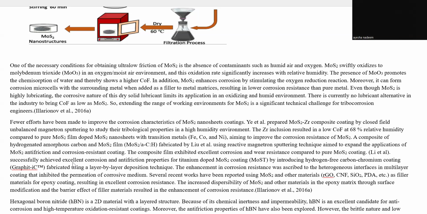Several recent works have been reported using molybdenum disulfide and other materials, RGO, CNF, selenium dioxide, PDA, etc., as filler materials for epoxy coatings, resulting in excellent corrosion resistance. The increased dispersibility of molybdenum disulfide and other materials in the epoxy matrix through surface modification and the barrier effect of filler materials resulted in the enhancement of corrosion resistance.